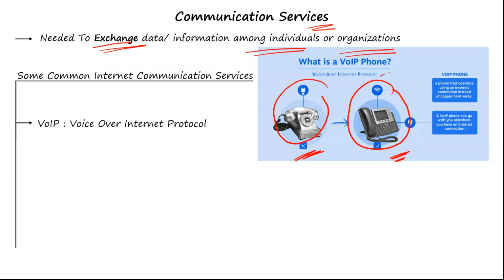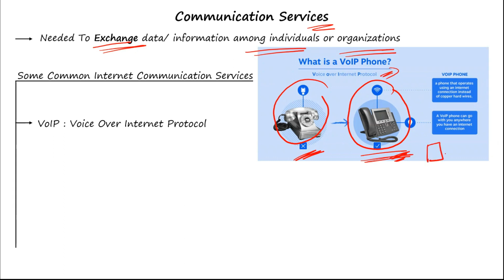So this is one of the services when we are using any device that operates over internet to make phone calls, that becomes voice over internet protocol. Many benefits of this: you can take this phone anywhere, wherever you have a connection, you can use it over there. And there are certain apps through which you can make phone calls right through your mobile phone or through your desktop app. But the service that you're using is voice over internet protocol.